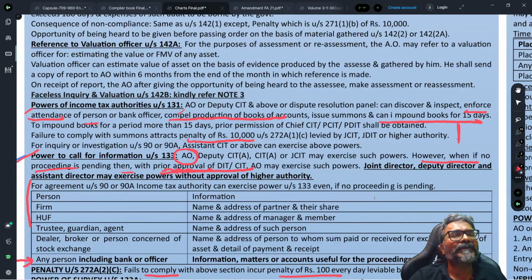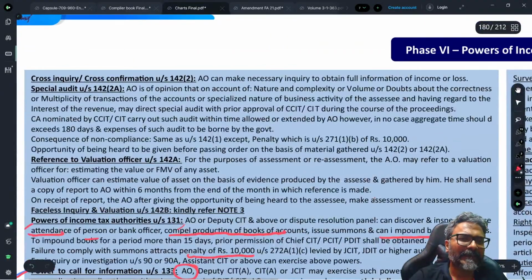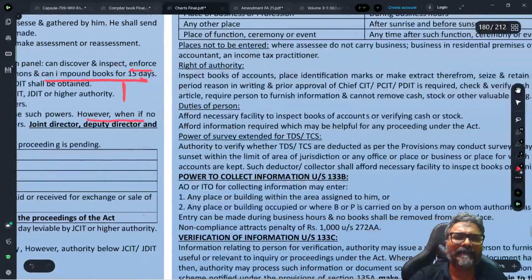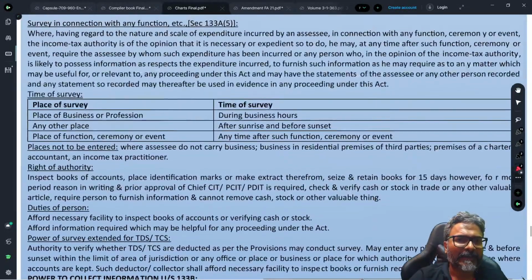But there is one more important ground for the search, and that is that the SSC has been given a notice under 131, and that notice has been overlooked by the SSC. So he has not done the compliance. And if you don't do the compliance, be ready for the search then.